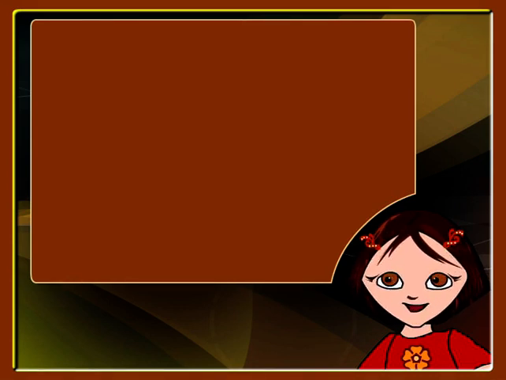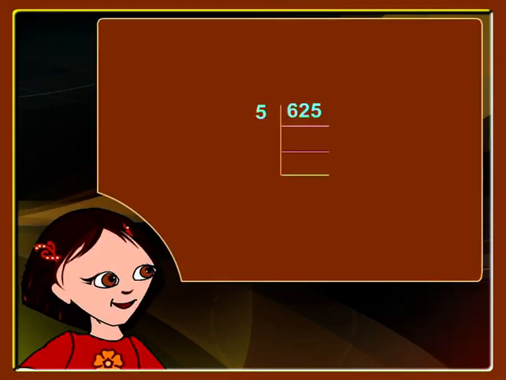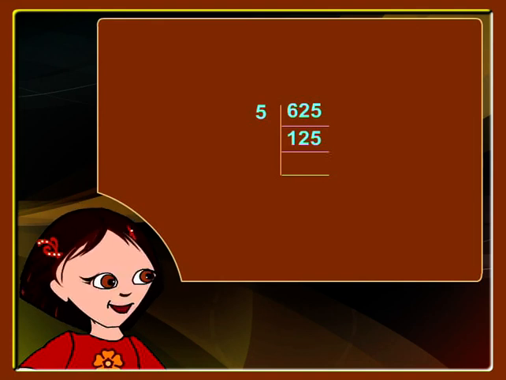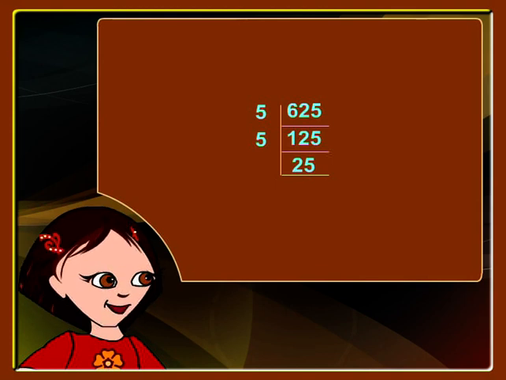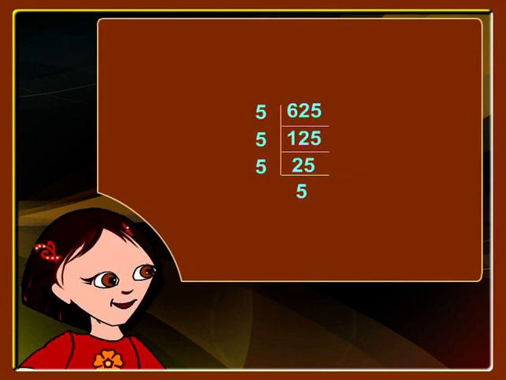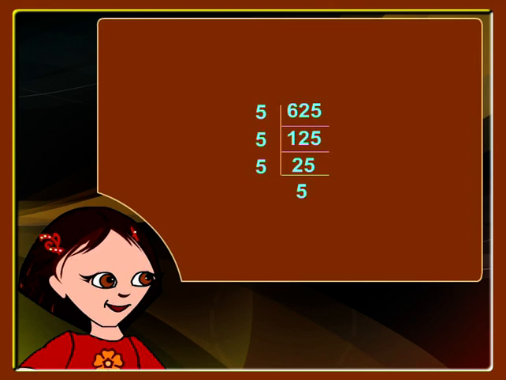Let's find the prime factors of 625. 625 divided by 5 is equal to 125. 125 divided by 5 is equal to 25. 25 divided by 5 is equal to 5. 5 divided by 5 is equal to 1.